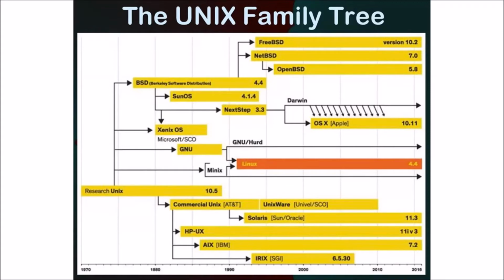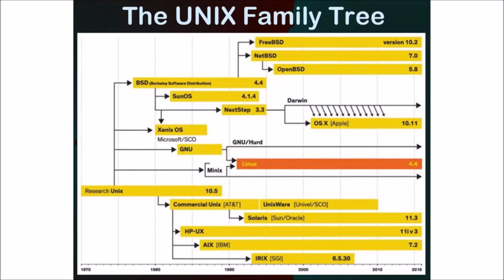Steve Jobs and Next developed Next Step, which then became OS X at Apple. And from BSD is where OpenBSD, NetBSD, and then FreeBSD developed. So FreeBSD, the one at the top, is what we're using under FreeNAS. And you'll notice that Linux is on here too.